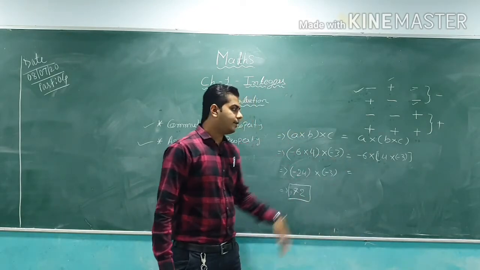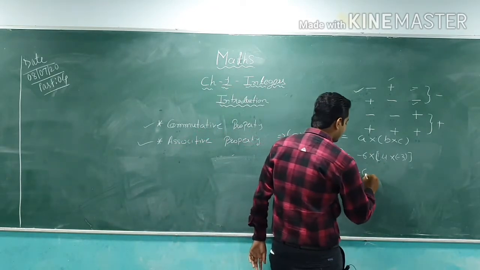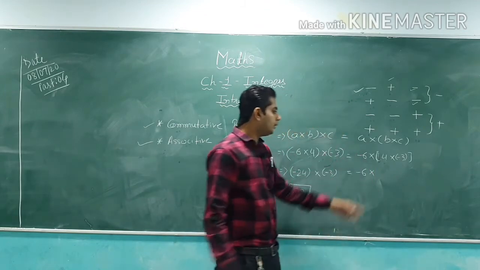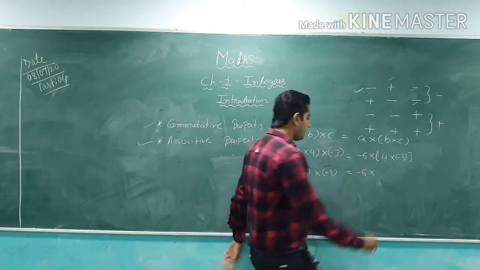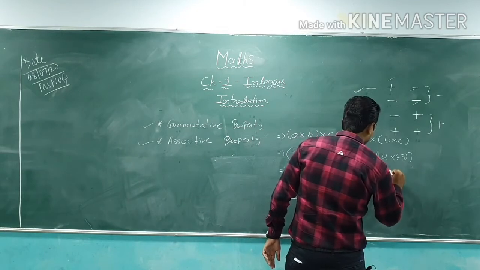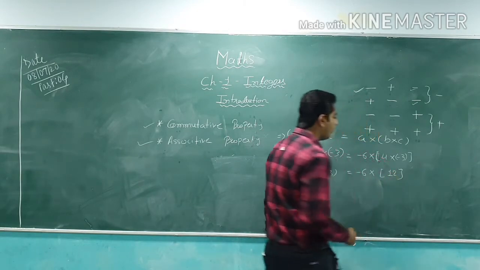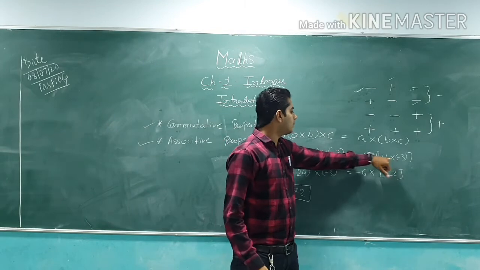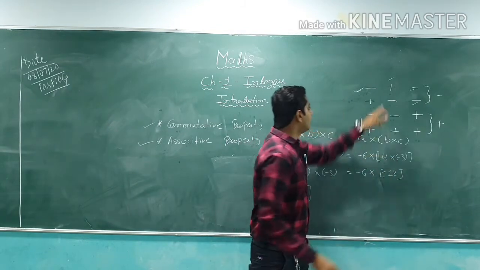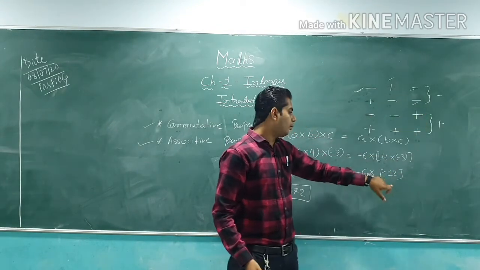Now let's do the right side. Minus 6 multiply 4 3s are, 4 3s are what? 4 3s are 12. But what sign should I put here? Minus plus minus, again minus plus minus, so I put here minus.